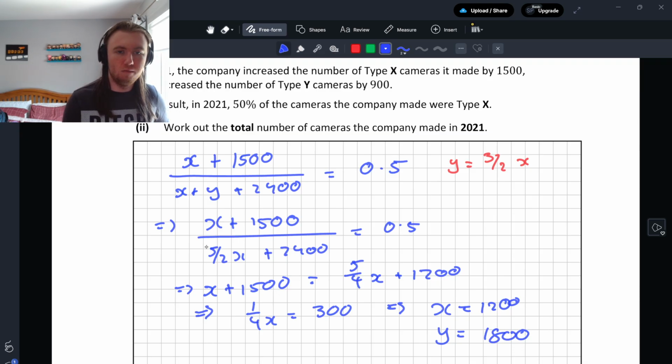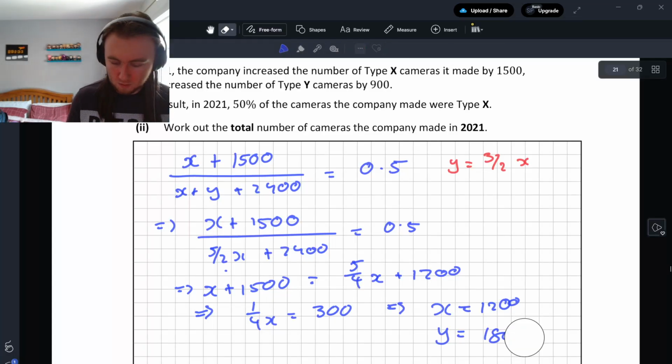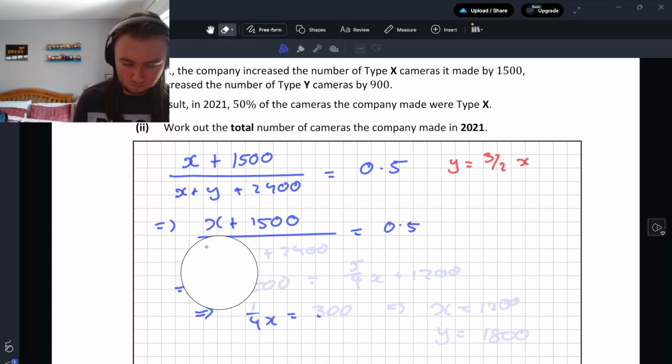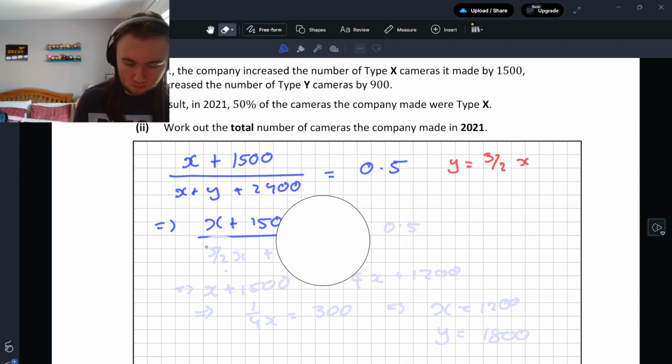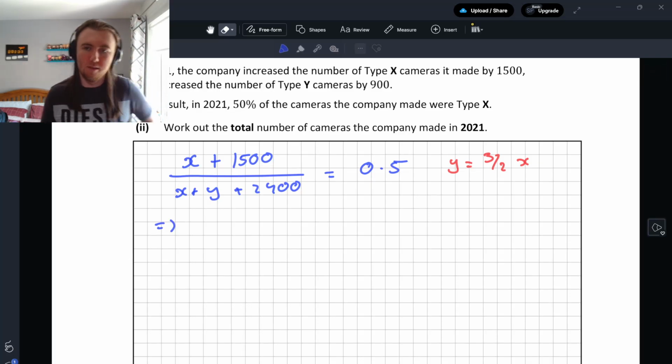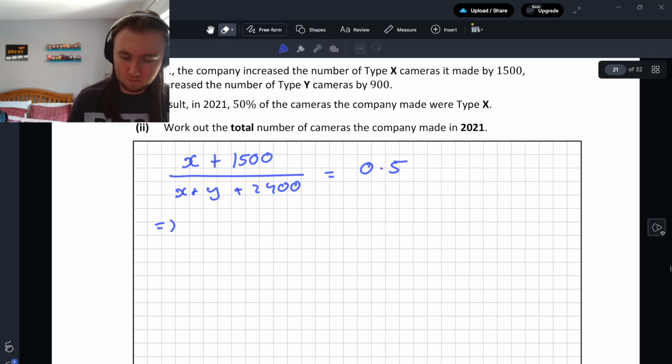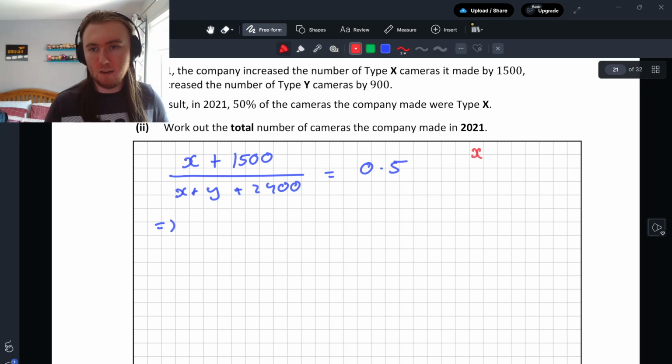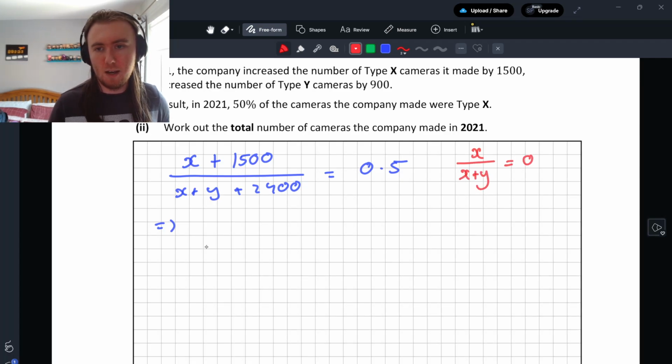So should y not be then just x over x plus y? Okay, I think there's something wrong here. So let me just go back, because that doesn't make any sense to the question. I think that was merely just to help, so I don't think I need this. So we know that x over x plus y is now equal to 0.5.